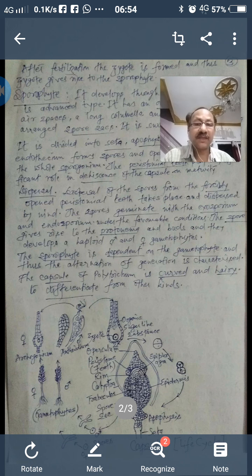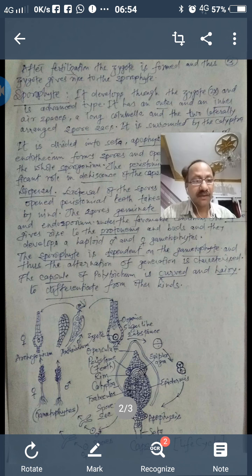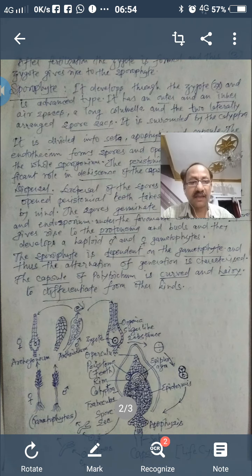So the protonema is a very specific, distinguished structure which has been developed in the case of Polytrichum. The protonema develops buds and gives rise to the male gametophyte and female gametophyte separately.